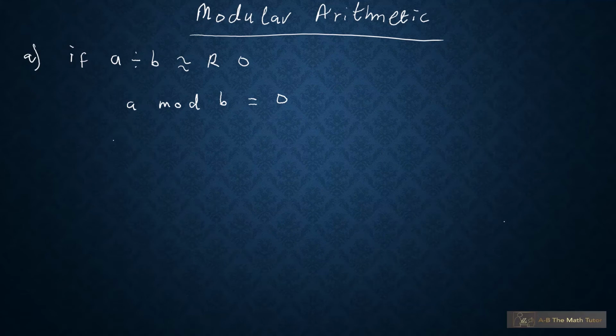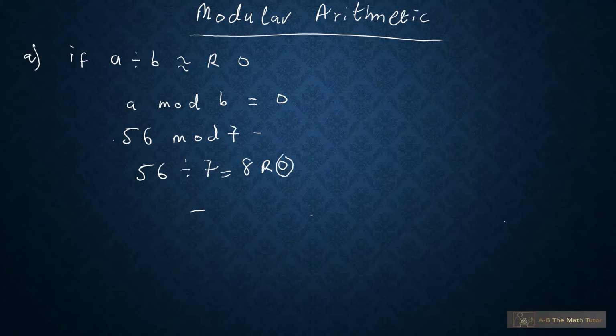You can take an example. For example, if you have 56 mod 7, 7 can completely go into 56 with no remainder at all, because 7 times 8 is exactly 56, and we already know that. So 56 divided by 7 is going to be 8 remainder 0. So 0 will be our answer.